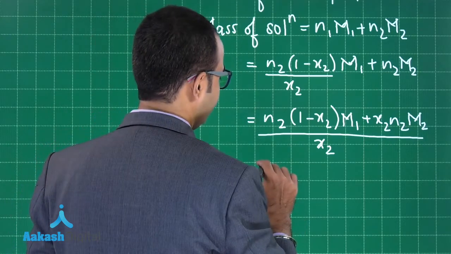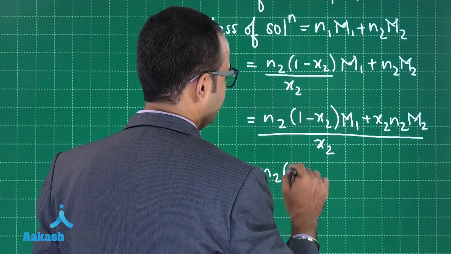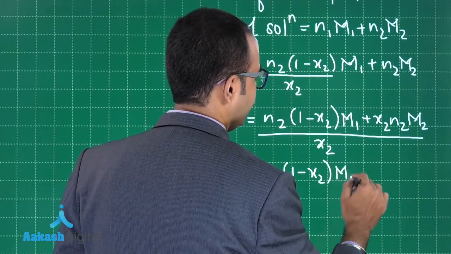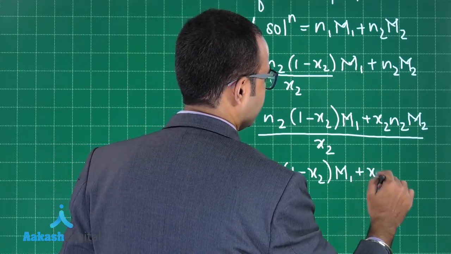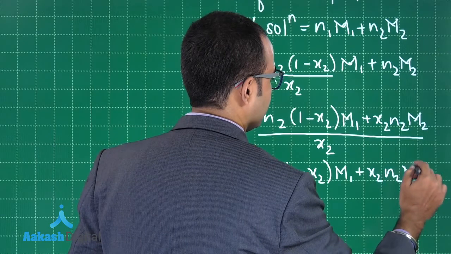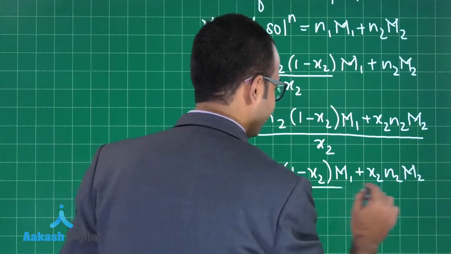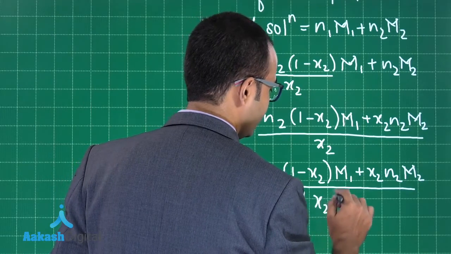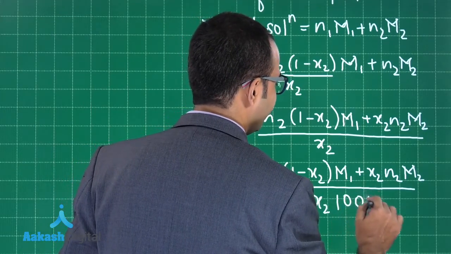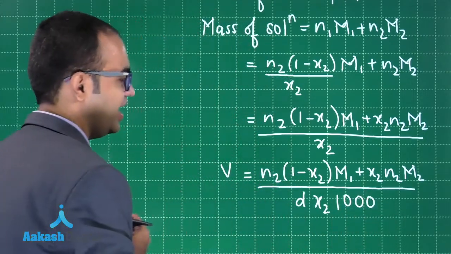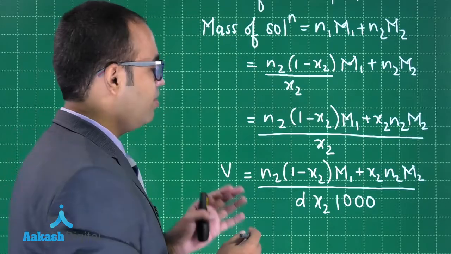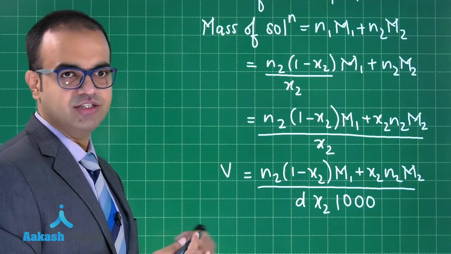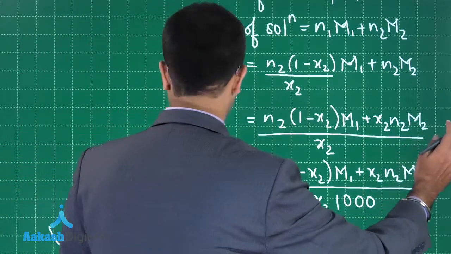So this will be N2 1 minus X2 into M1 divided by density into X2, and will also divide by what? Will also divide by 1000. Okay, because we are converting the volume in liters.